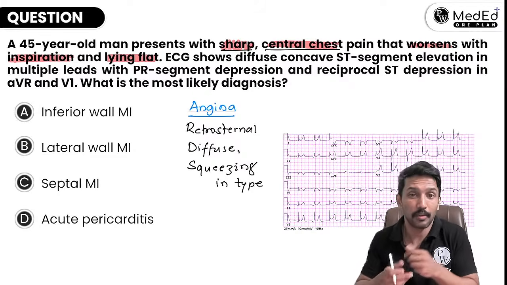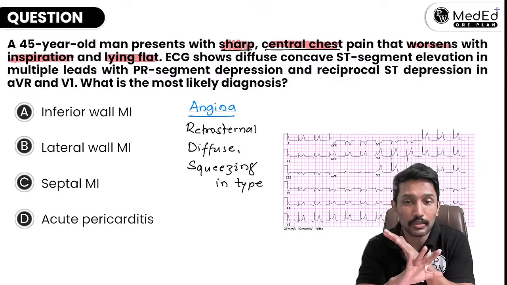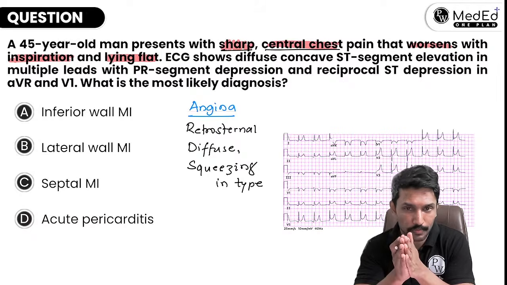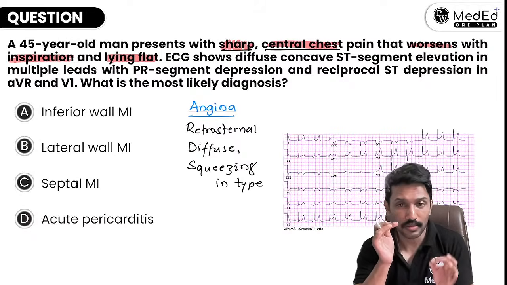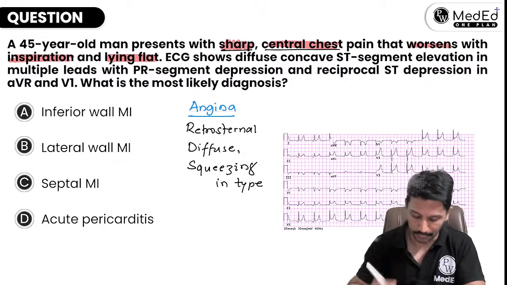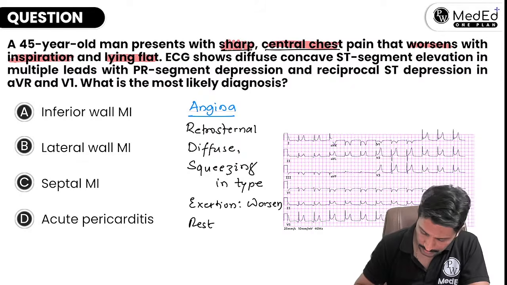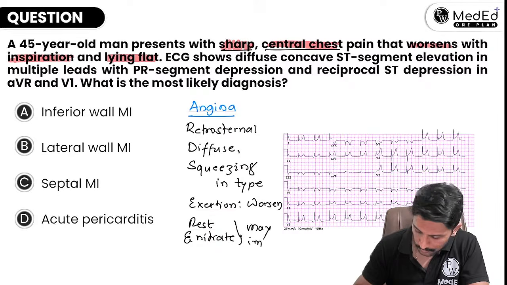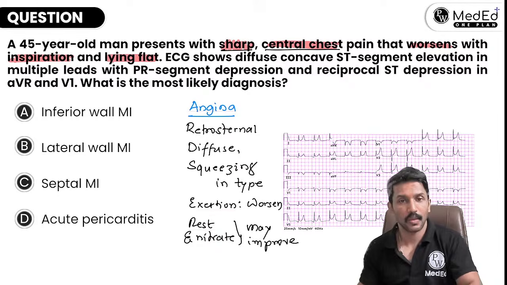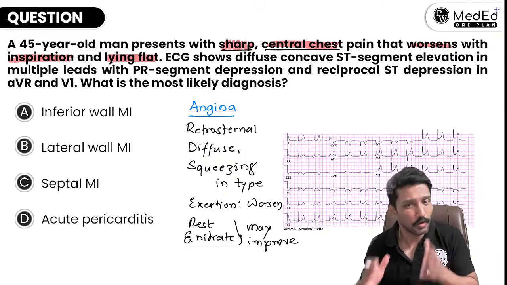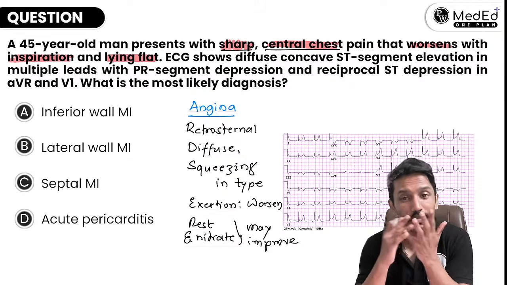They don't complain of a sharp pain and it has no relationship with respiration. Physical activities can worsen angina, and rest and nitrates can relieve. Right, so exertion tends to worsen it, while rest and nitrates may relieve. So the description of the pain here is not fitting into angina. So I'm already thinking of something else.